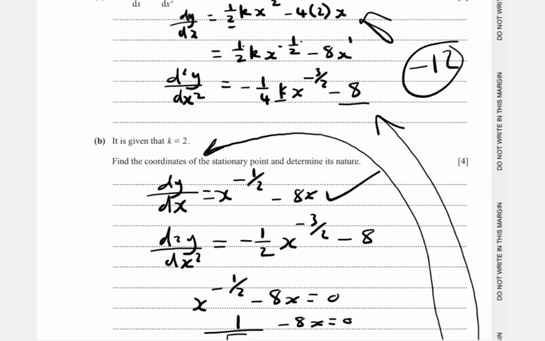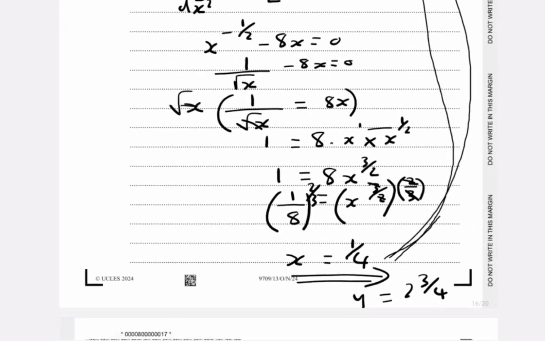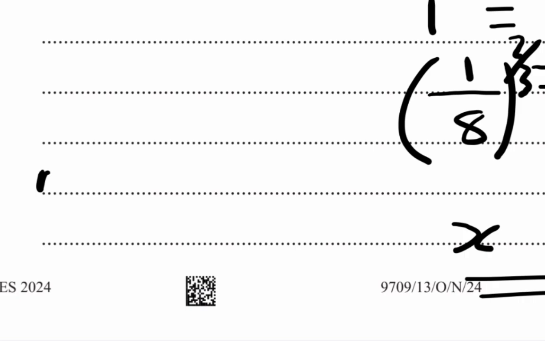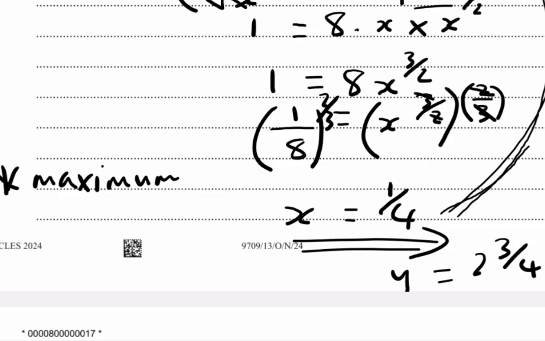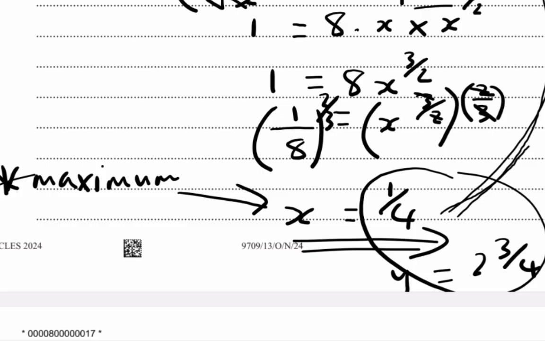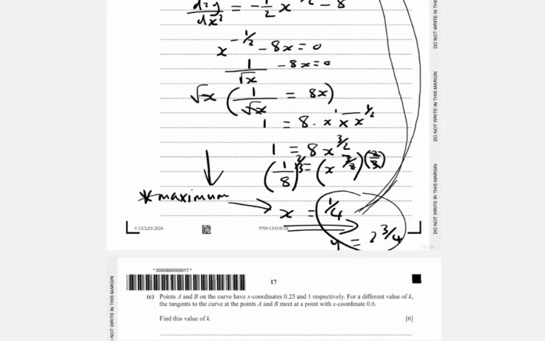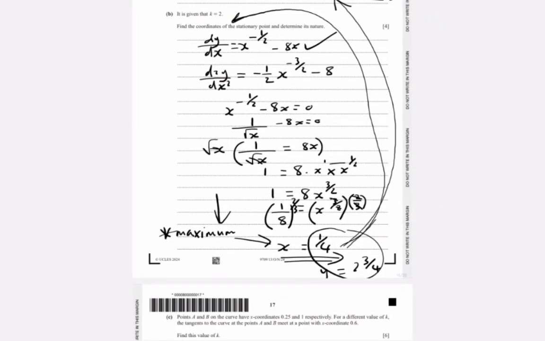So minus 12 is less than 0, so it means it's a maximum. The turning point is a maximum at x equal to that. So these are the two coordinates, and this is the nature, and you get your 4 marks.